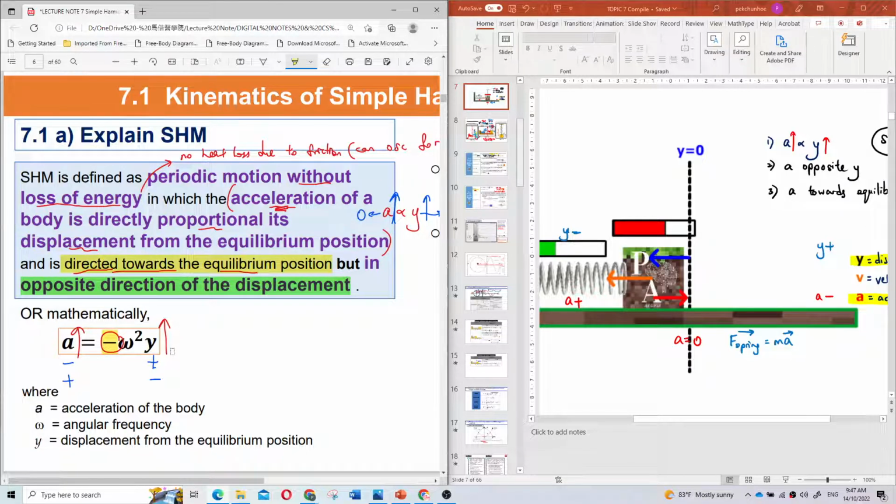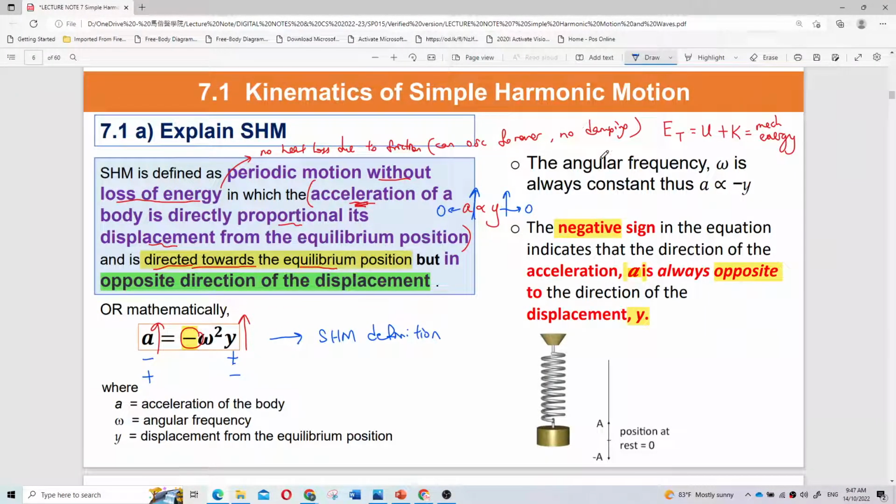So this one simple formula explains the whole SHM definition. I can say this equation is the SHM definition. Okay, now let's continue.